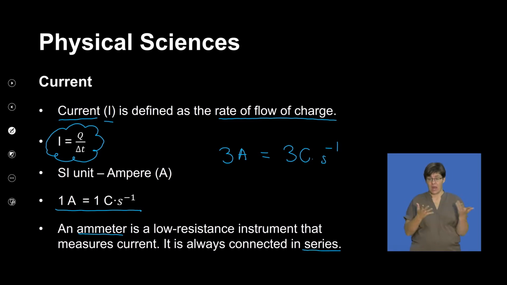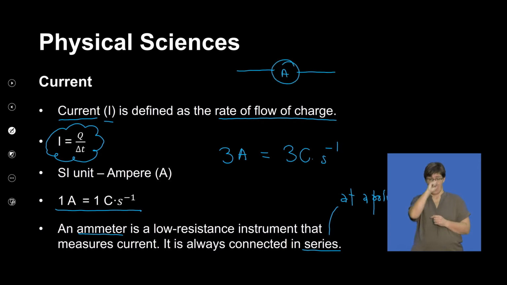When something is connected in series, it is connected at a point. Say we've got a conductor, and then there is our ammeter. So our ammeter is our device, current is the quantity, while the ampere is the unit.